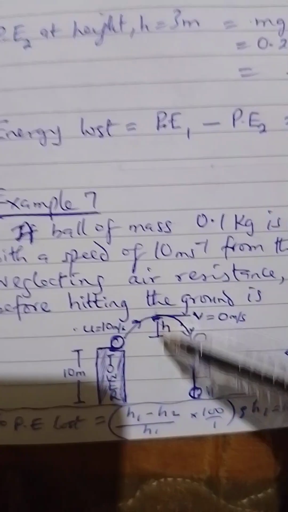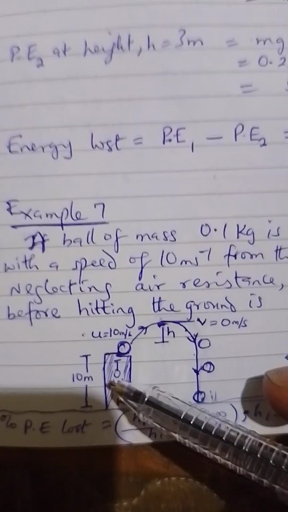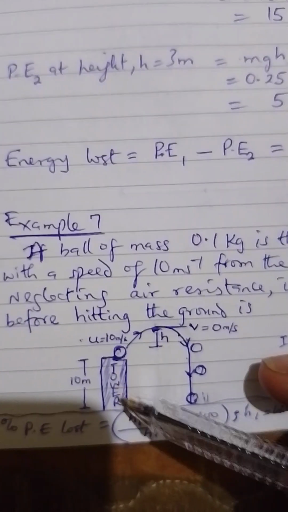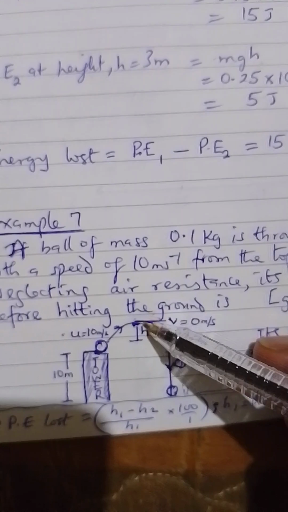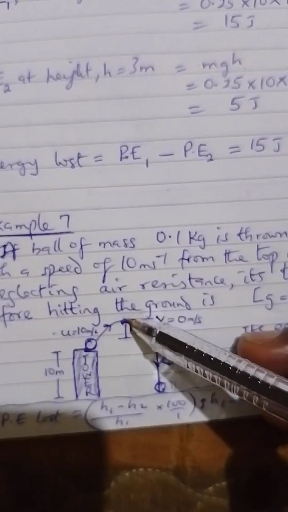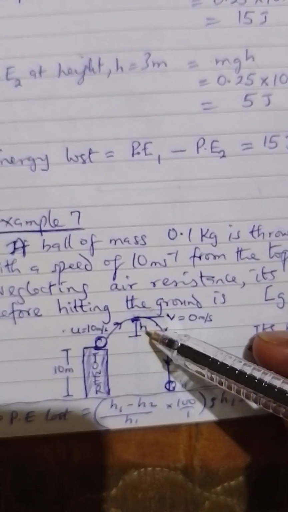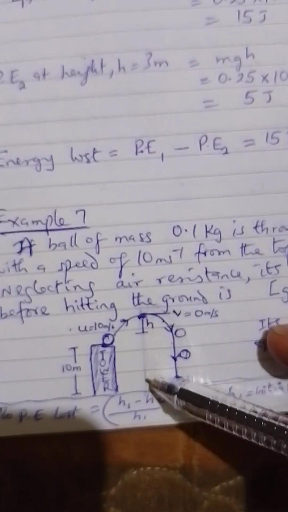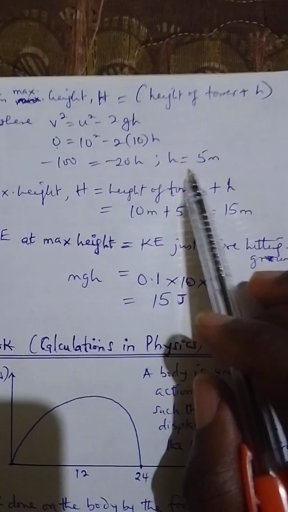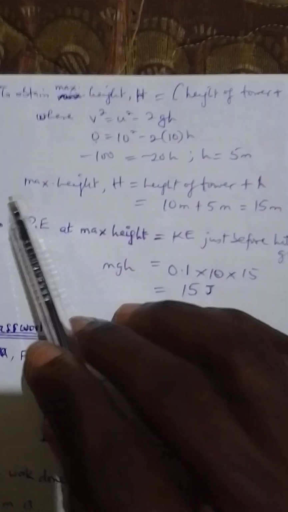What height am I talking about? I'm talking about this place, from the point where the initial velocity is 10 to where the final velocity is 0. So we can get our h, then we add it to 10 to get the total height, which we will use in our mgh. So we have h equal to 5 meters.